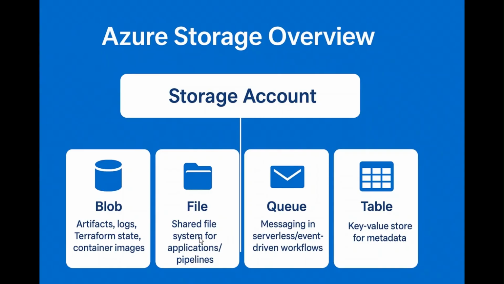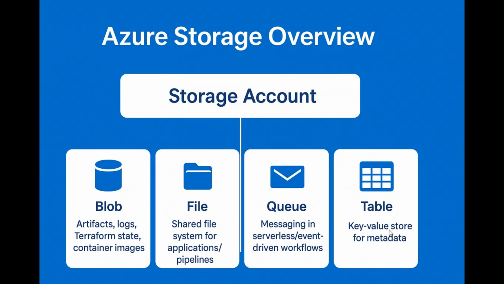Queue storage stores messages for serverless or event driven workflows. For example, a to-do list or message queue, where one app writes tasks for another app to process them. The last one is table storage. It's a NoSQL key value store, for structured but lightweight data.